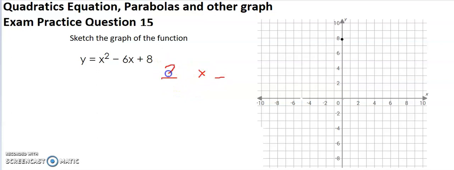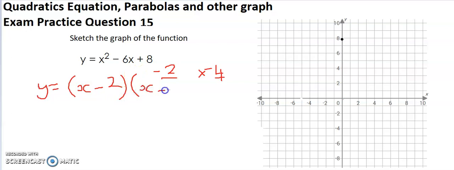So I can do 2 times 4 equals 8, but I need it to add up to -6, which means I will make them both negatives. So that gives me my factorized form of (x - 2)(x - 4).